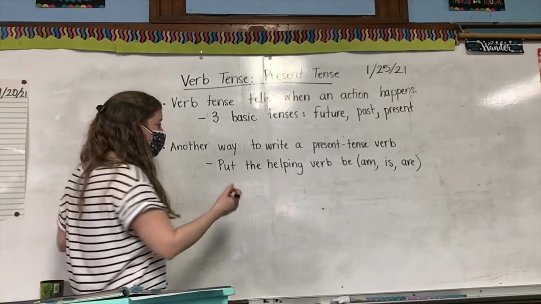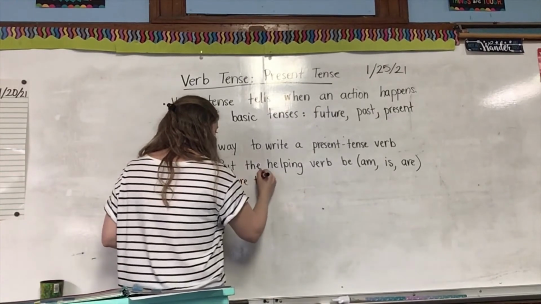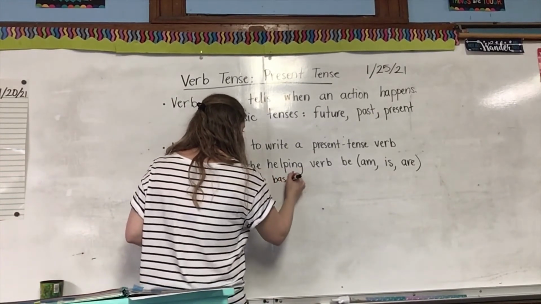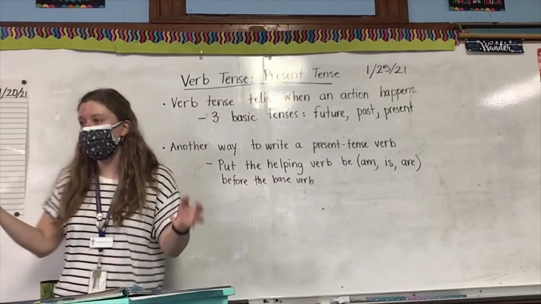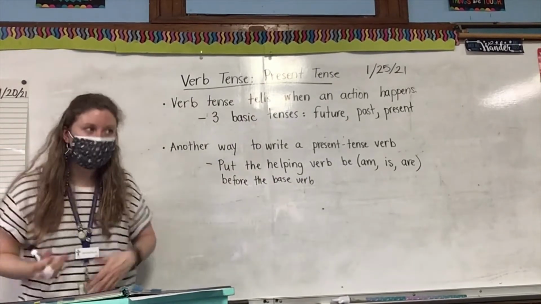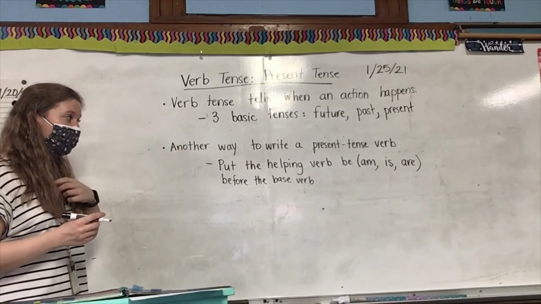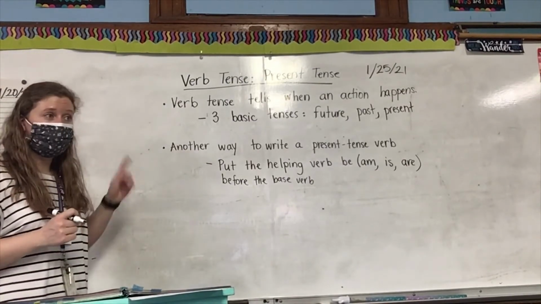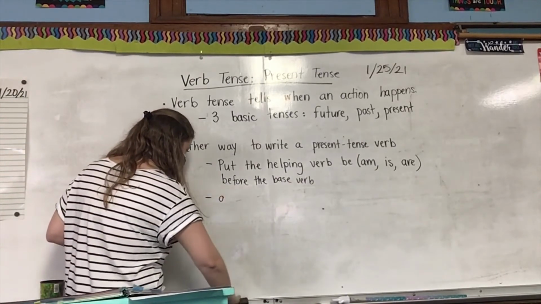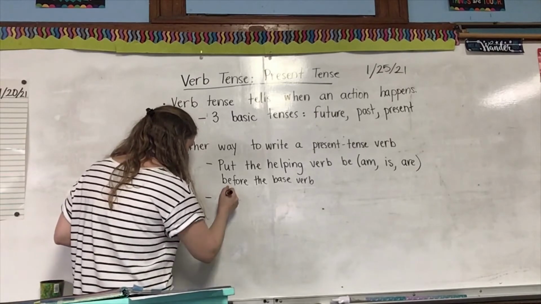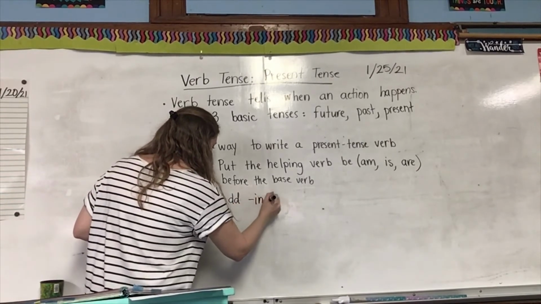Put the helping verb be before the base verb. That just means the verb with nothing else on it. Look, walk, sing, dance, draw, whatever. So put the helping verb be, either am, is, or are, before the base verb. Then add ing.